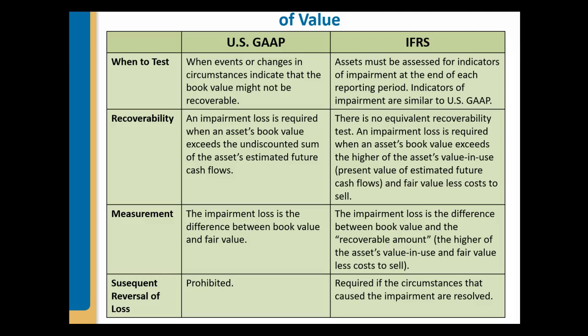Under IFRS, the impairment loss is the difference between book value and the recoverable amount, which is the higher of the asset's value in use and fair value less cost to sell. Then, with the subsequent reversal of loss, under GAAP it's prohibited, but under IFRS it's required if the circumstances that cause the impairment are resolved.